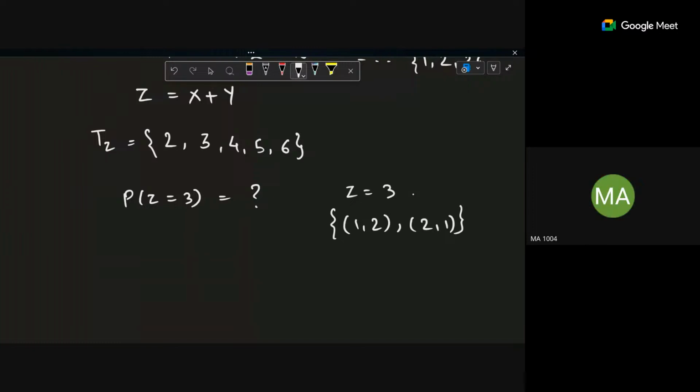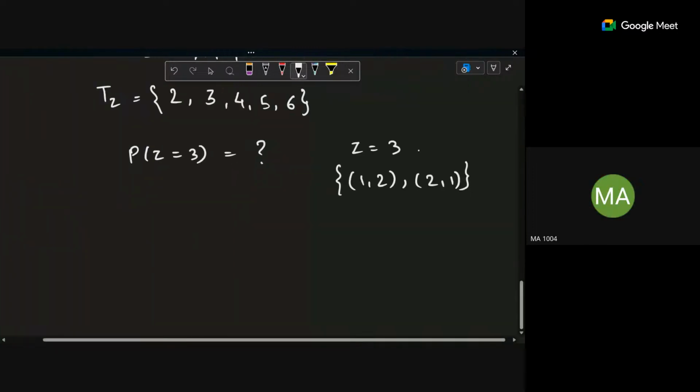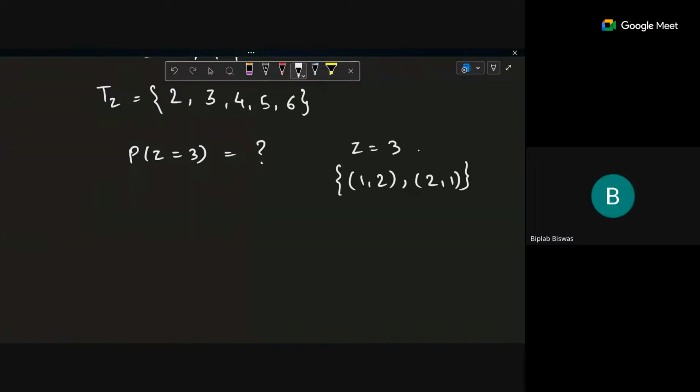Right. Now, how did you come up with the probability of 1, 2 and 2, 1? Probability of Z equal to 3 means your outcome is this one.